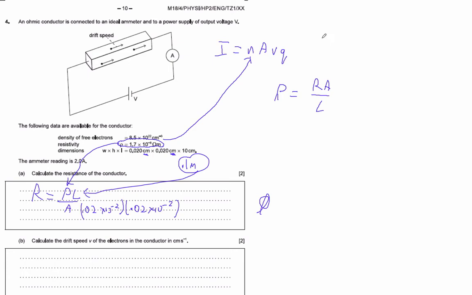If we solve that for V, V is going to be the current divided by the area times the charge density of carriers times Q. So that's this here, and I did it in centimeters, so I stuck that right in there. Current can be whatever that current is. Do they tell us the current? They must. Oh, 2 amps. The meter reads 2 amps, so that's our current.